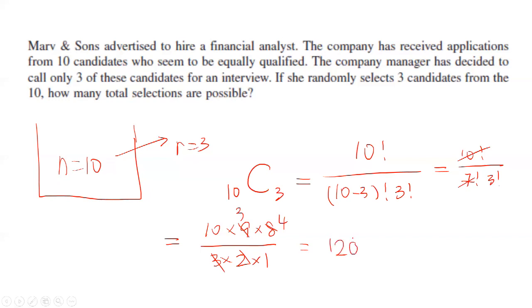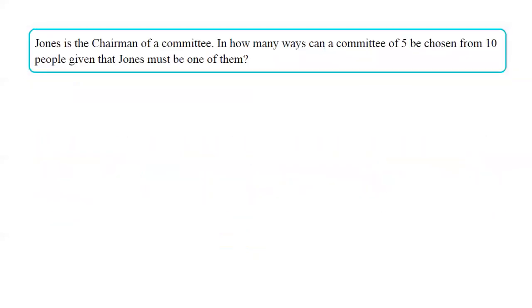Any questions? No? All right. Next example. Jones is the chairman of a committee. In how many ways can a committee of 5 be chosen from 10 people, given that Jones must be one of them?